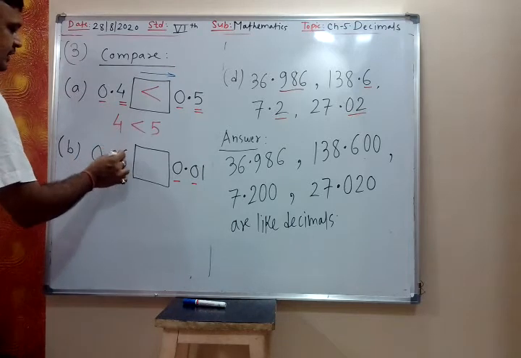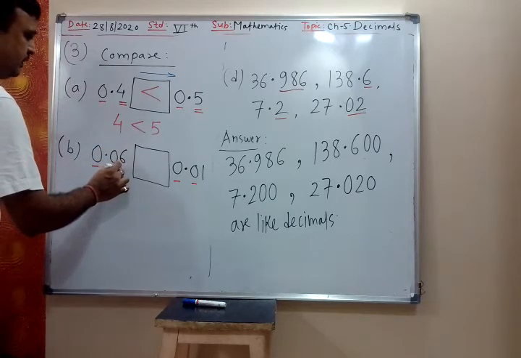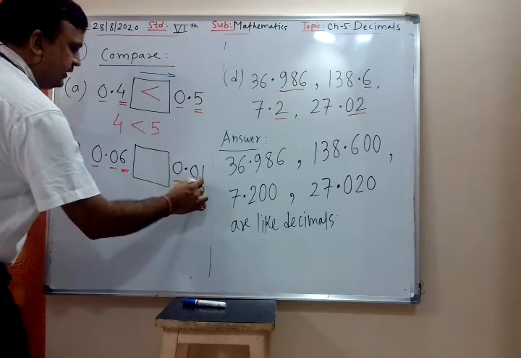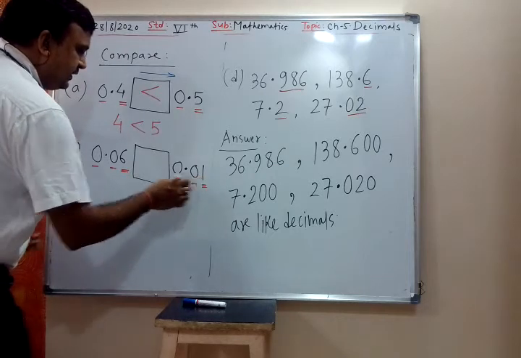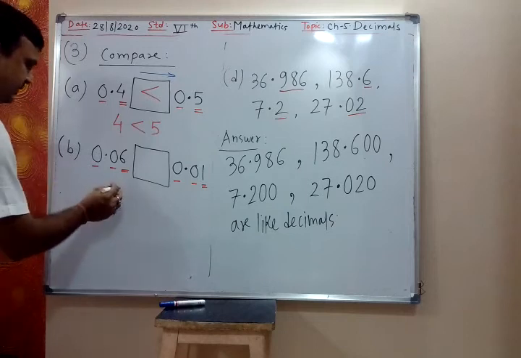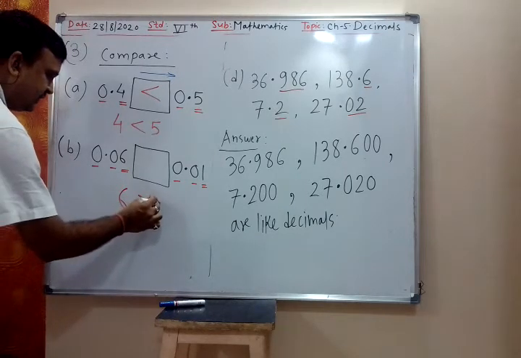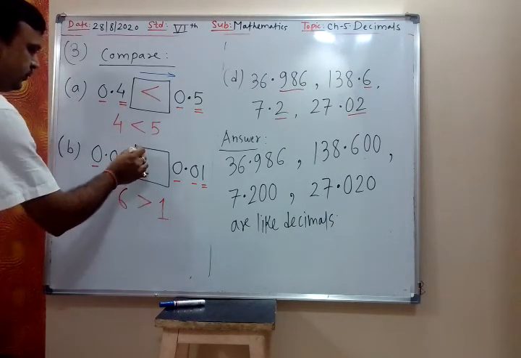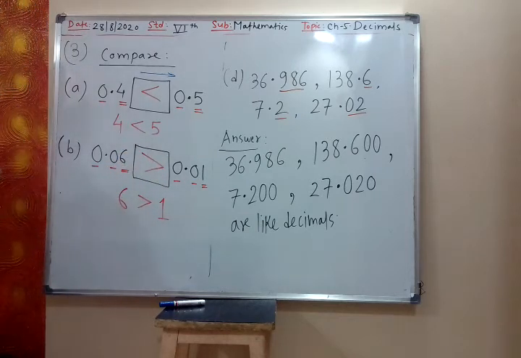Then at the hundredths position it is 6 and it is 1. So I will write 6 is greater than 1. So 0.06 is greater than 0.01.